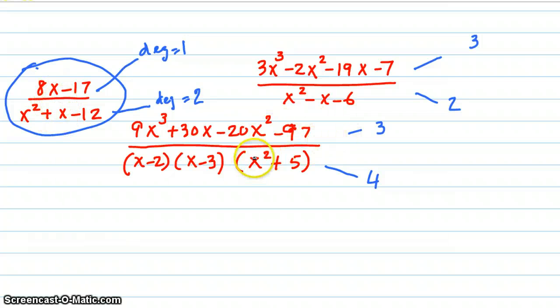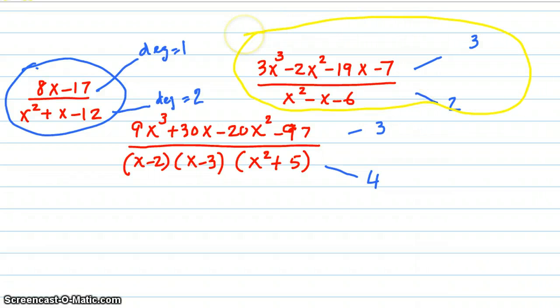The long division would be required only in this case, since the degree of the top polynomial is 3. So we are going to perform in the remaining part of this video just this long division.